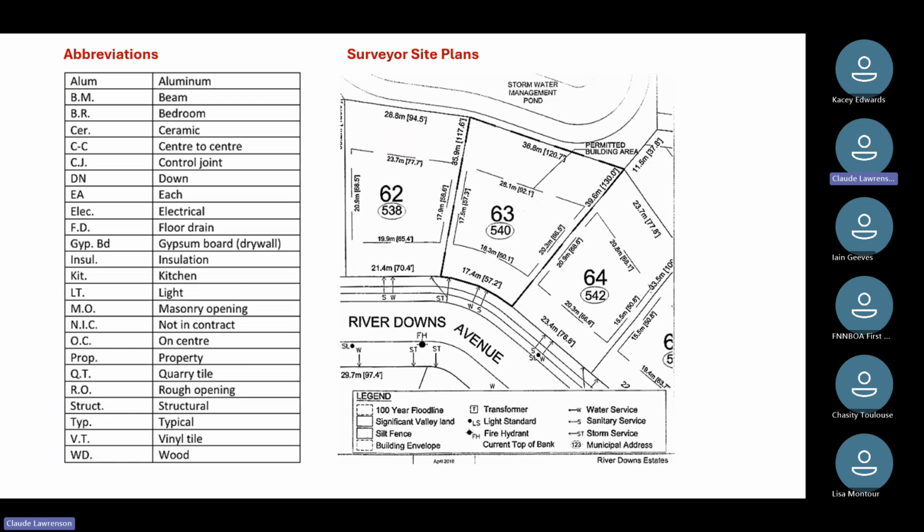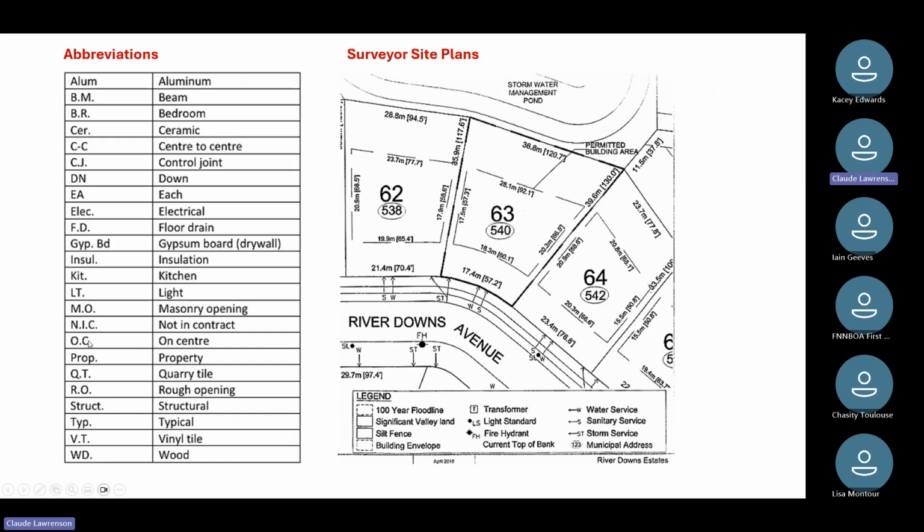Moving on, I'm talking about abbreviations. We saw earlier, for example, maybe a reference to a term. So in other words, rather than having to write everything out, abbreviations are often used on architectural drawings. So for example, I was teaching a course last week on building code and they said, what's OC? Well, that's on center.